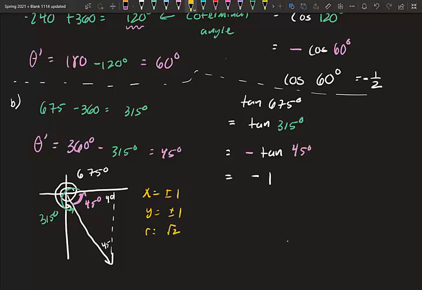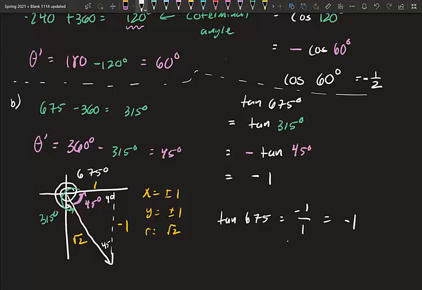So since this is on the positive x side, it's +1. This is going down, so it's -1. And then our radius is square root of 2. So using that, we could do tangent 675, which is opposite over adjacent. So opposite is -1. Adjacent is +1. So that's how we get the -1.